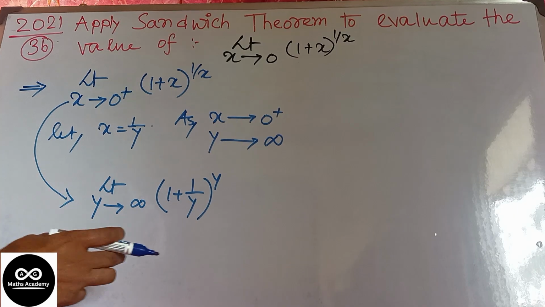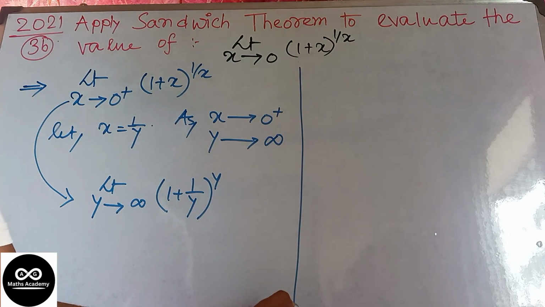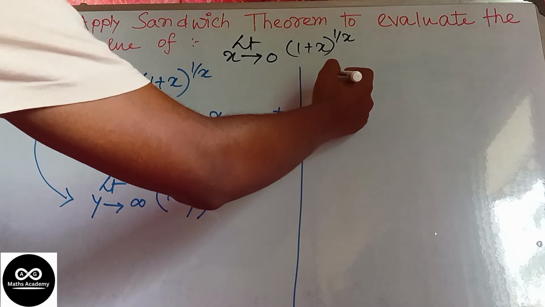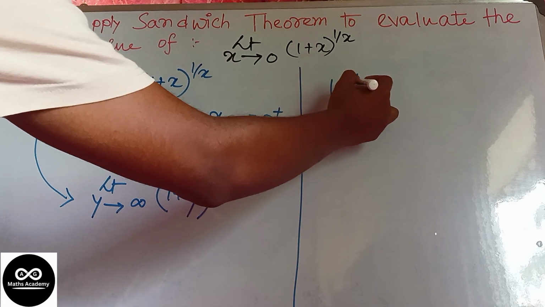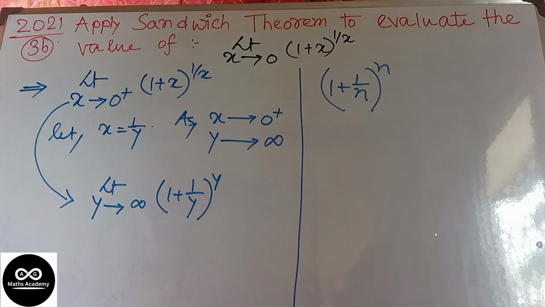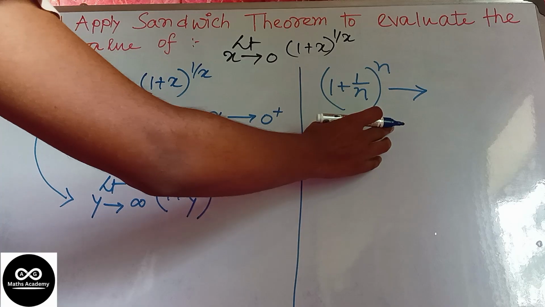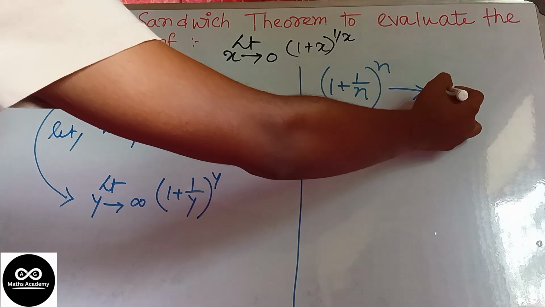Now to evaluate this limit, we're going to take this sequence. This sequence is a convergent sequence and it converges to e.